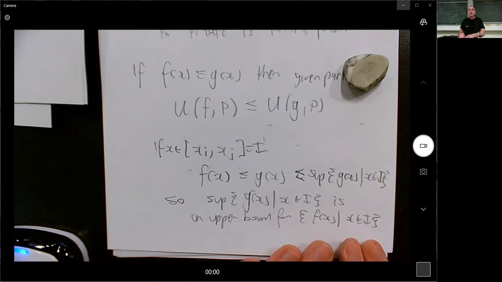And this is one of the upper bounds, and the supremum is the smallest upper bound, so it must be less than that upper bound.